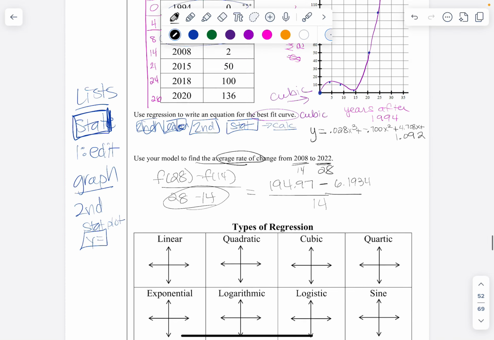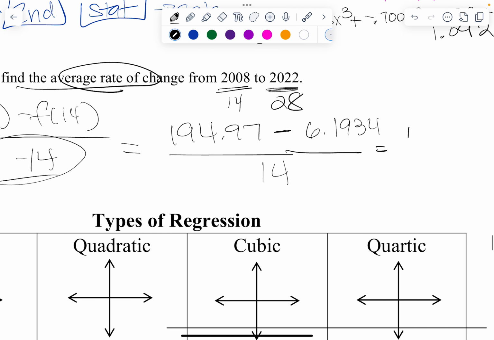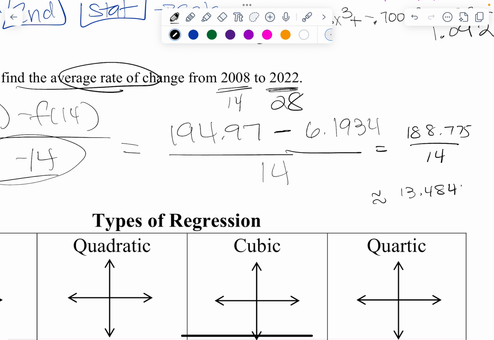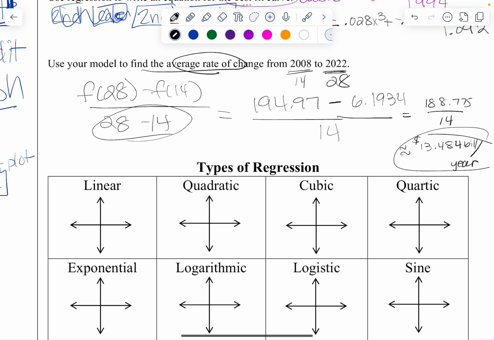So now I'm going to move back to just our numbers here. And if I subtract it out, we get about 188.775 all over 14, which is approximately $13.484 billion per year is the average rate of change from those years. Wow. Man, I wish my average rate of change looked like that.